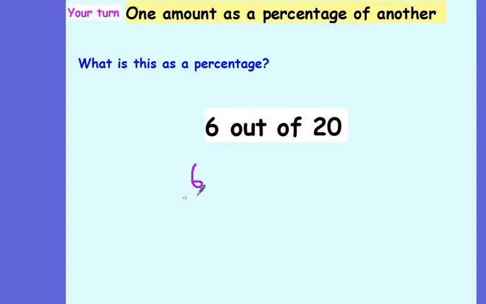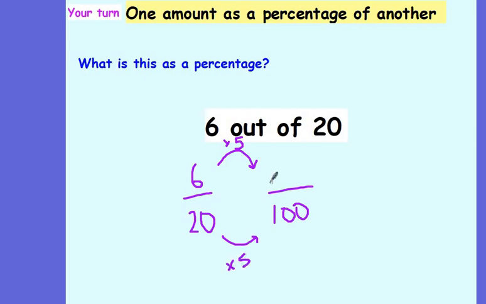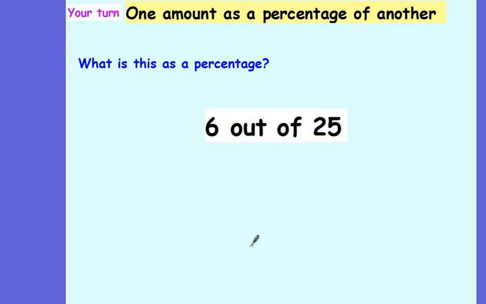Let's go through it. I've got 6 out of 20. Convert it to something out of 100. Multiply top and bottom by 5. Gives me 30 out of 100 or 30%. Let's do another one. 6 out of 25.